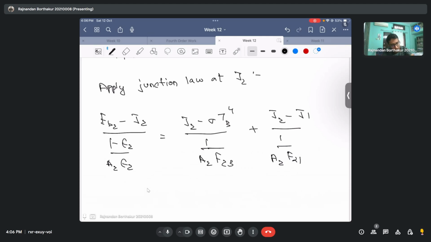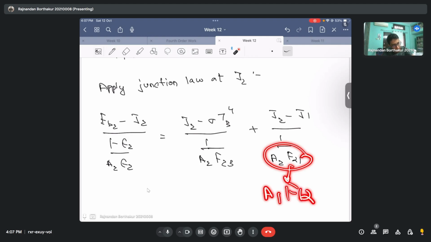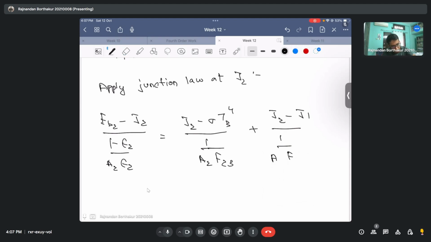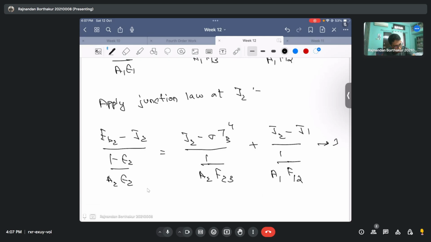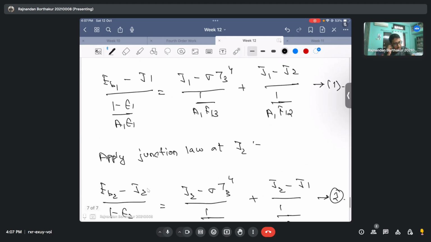But A2 F21, from the law of reciprocity, you can write as A1 F12, so we'll just write it as A1 F12 only. All right, so this is my second equation. This is my first equation, this is my second equation.